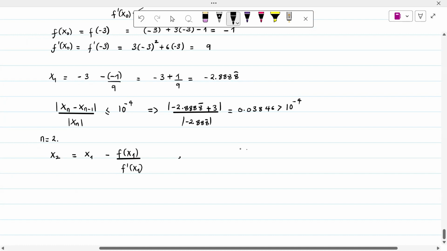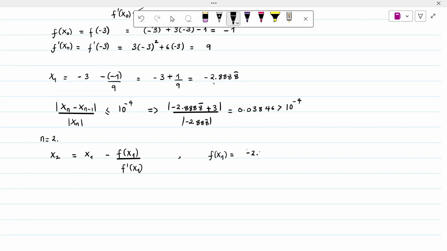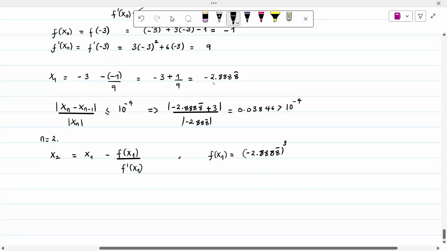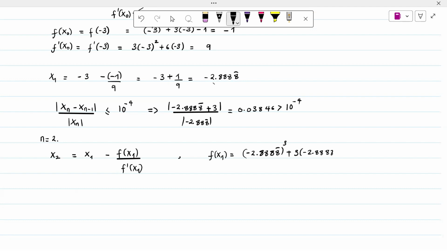So what is f of x1? In the function f of x, substitute x1, and our x1 is negative 2.888 repeated. So we substitute that, we're going to have negative 2.8888 repeated, you can put as many 8s as you want, to the power 3, plus 3 times negative 2.88888 repeated squared, minus 1.